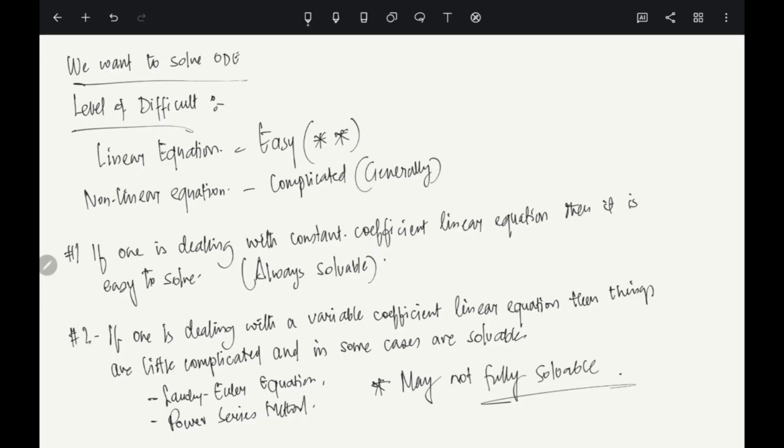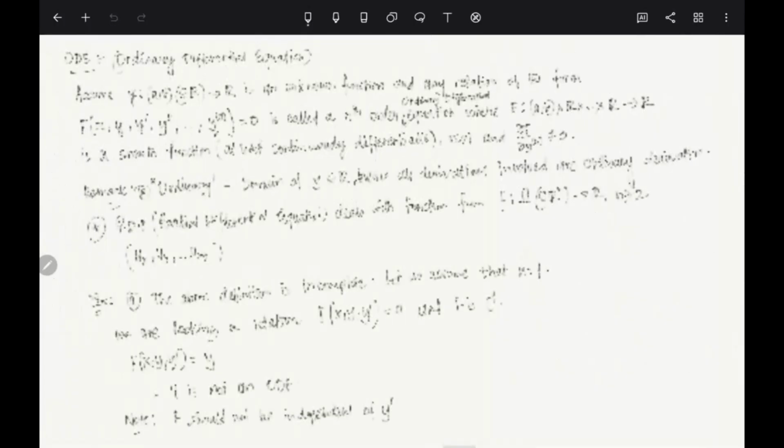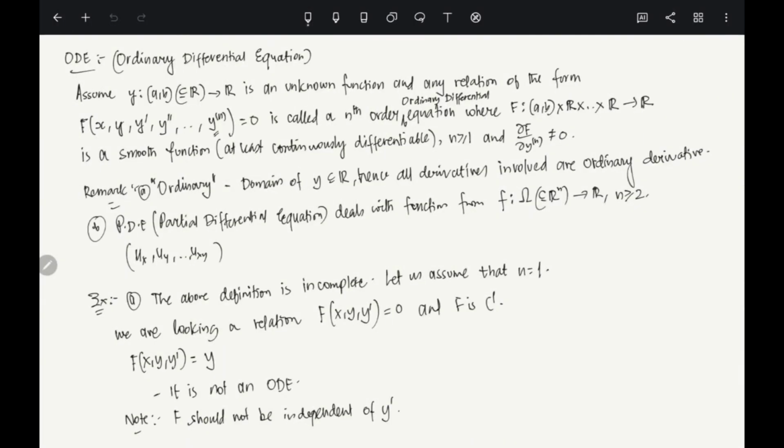Now, I should mention one thing before I go on. Whenever I say it is solvable, what do I mean by this? That is one question. First of all, given this equation, what does a solution of an ODE mean? Let's understand this. I will take n equals 2. Any ODE will look like this, right? F of x, y, y prime, y double prime, up to y power n.